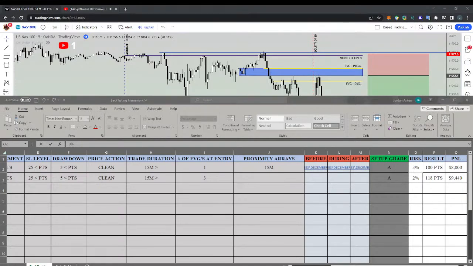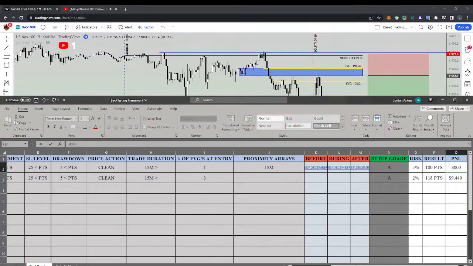So 3,000 divided by 25 points. That means we can have 120 contract size. So 120 times 100 points in take profit that we've done, times 100. That's a $12,000 profit. So we'll make this 12,000.